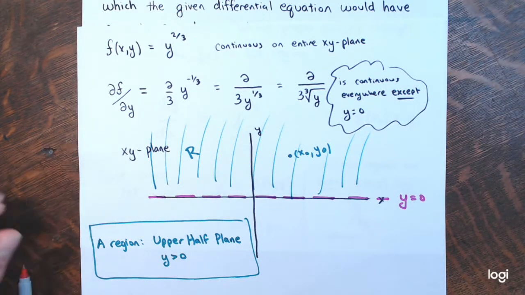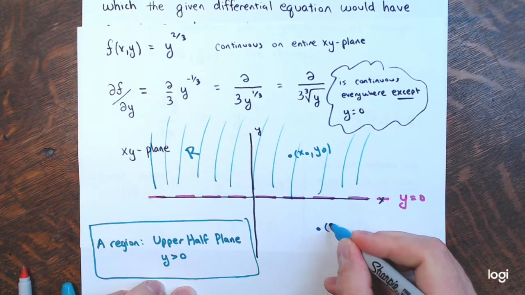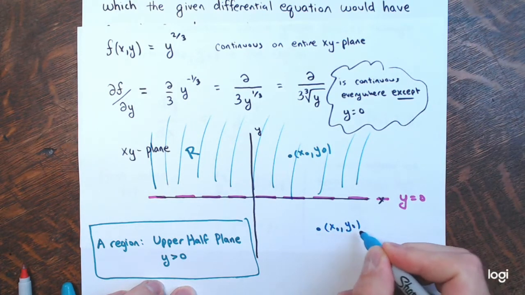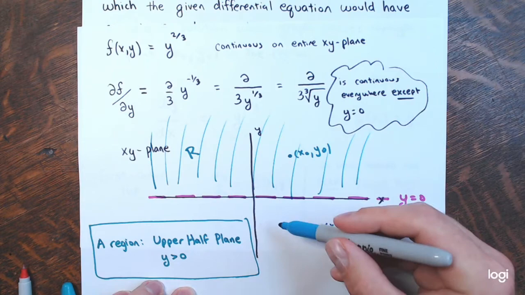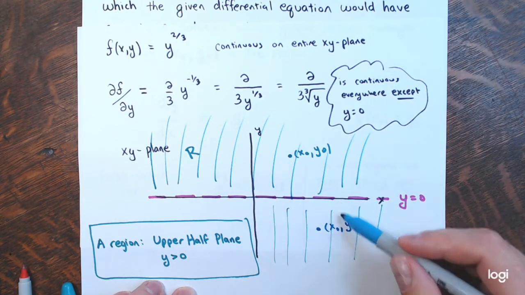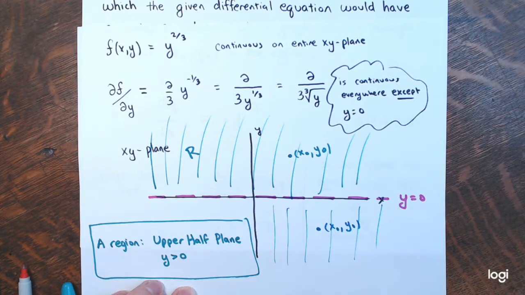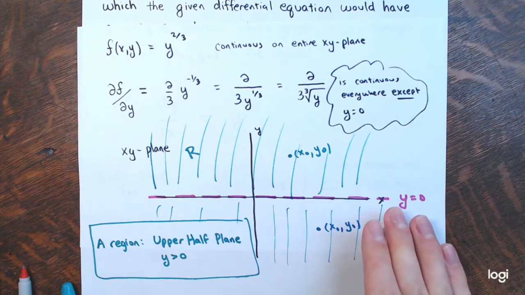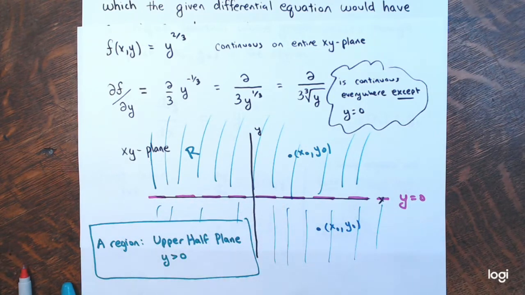So another totally valid region would be, well, what if x0, y0 were down here? What if the point in the initial condition were down here? Well, then I could take just the lower right corner, where x is greater than 0 and y is less than 0. Or I could take the whole lower half plane. Again, as long as no piece of the line y equals 0 is involved.